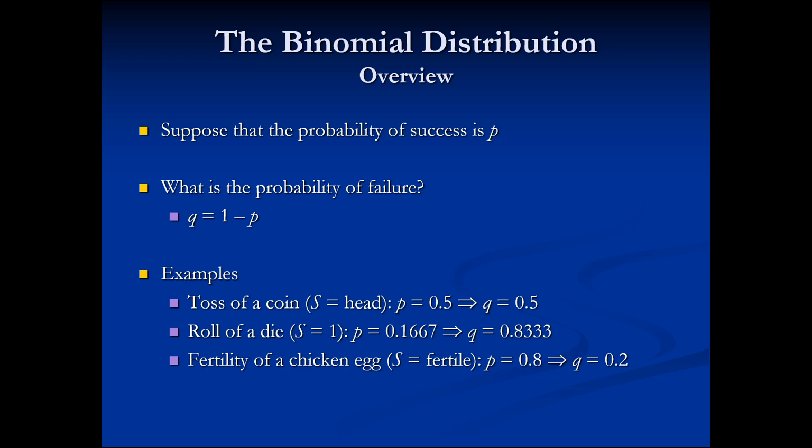When you toss a coin, the choice of outcome is head or tail, that is two options, but the success is only one. Therefore the outcome is 1 out of 2, so the success probability is small p equal to 1 by 2, that is 0.5.